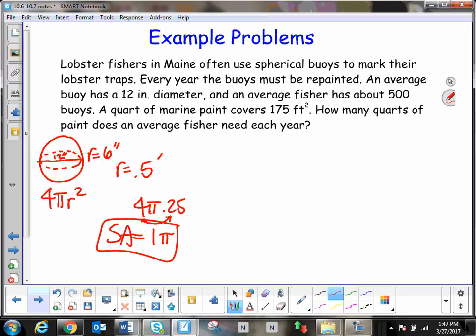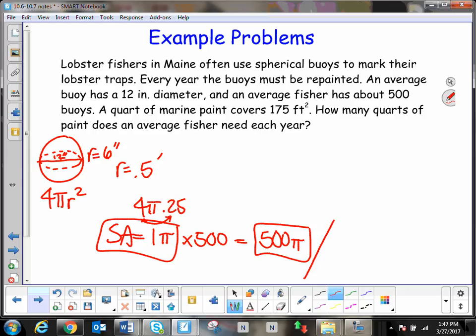So that's 1. And then how many do we have of these? 500. So let's times it by 500, which is 500 pi. Good. So that's the total surface area that we have to paint. Now put 500 pi in the calculator, and then divide it by 175, because then that will tell us how many quarts we need.